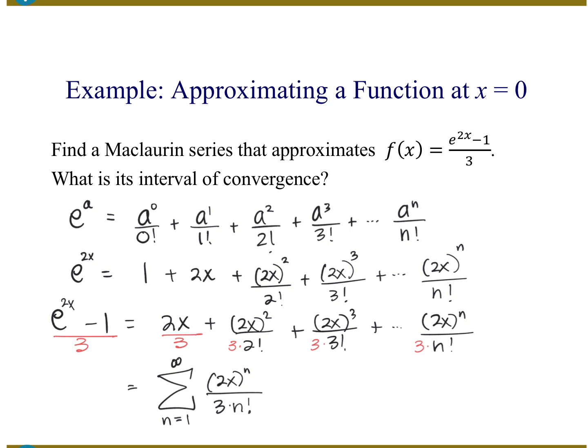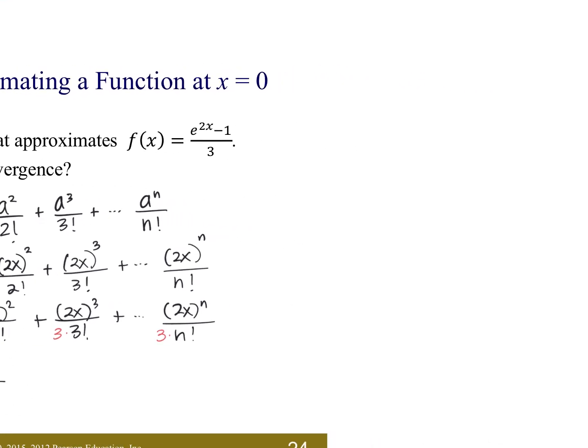All right, now, throw back to last module. How do we find the interval of convergence? The ratio test. Correct. Okay, the ratio test. So we want to find our interval of convergence.